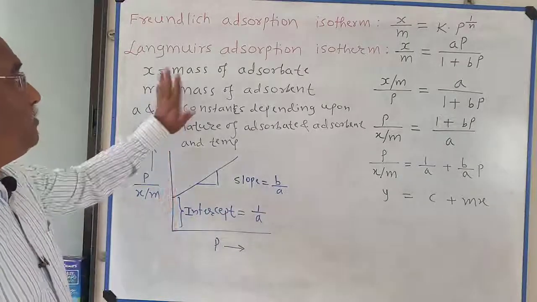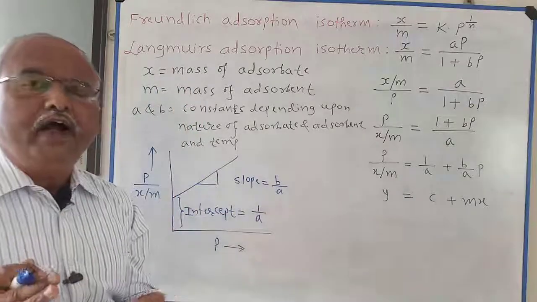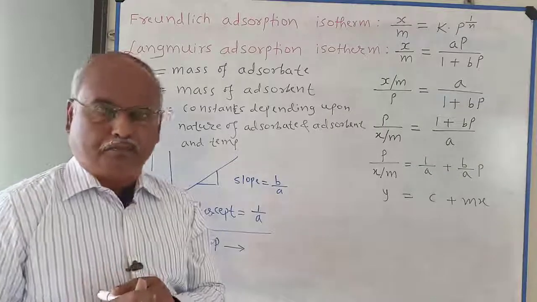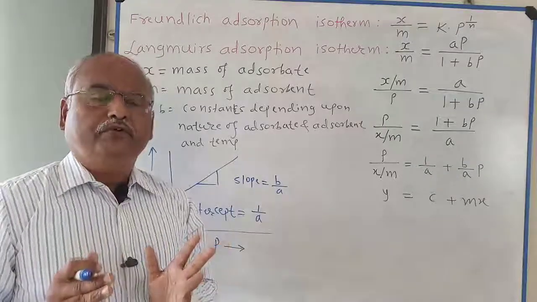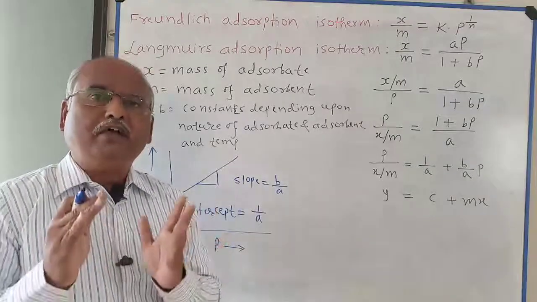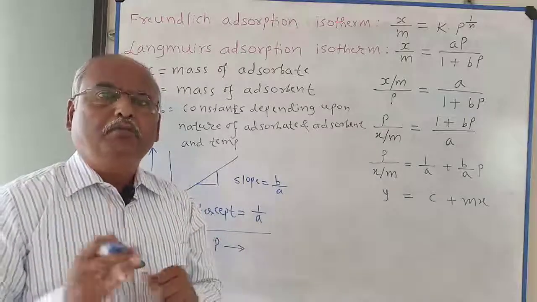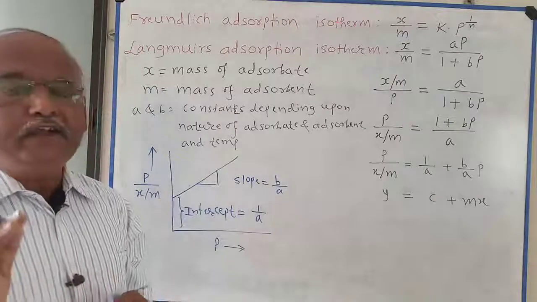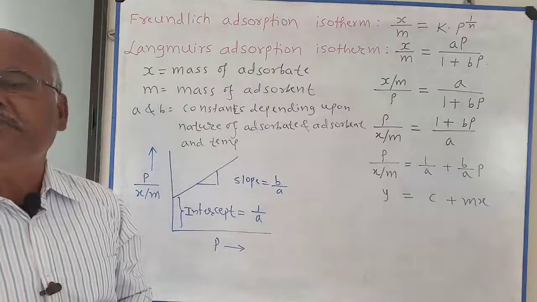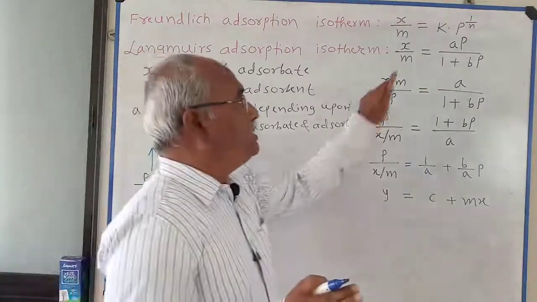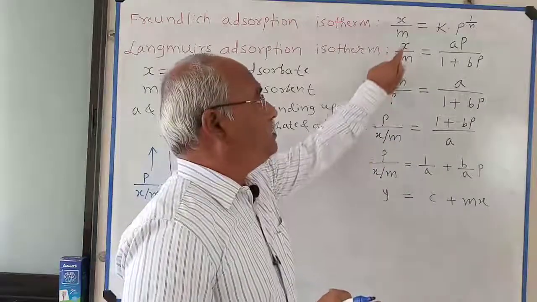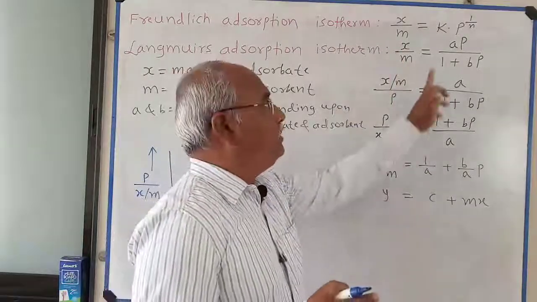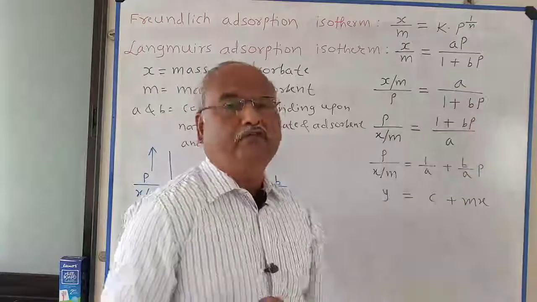So this is about Langmuir's adsorption isotherm. The amount of gas adsorbed per gram of adsorbent is related to equilibrium pressure and is given by the equation x upon m is equal to ap upon 1 plus bp.